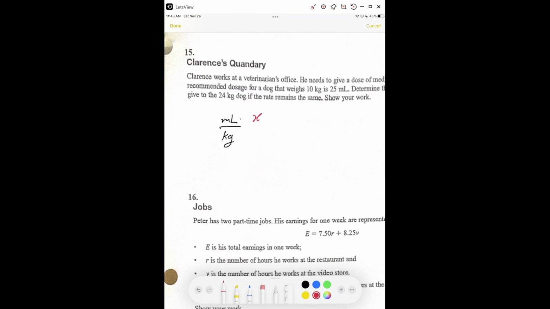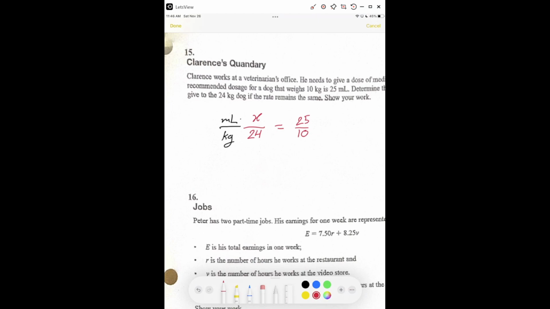We need the amount of chemical needed, but we know the weight of the dog is 24 kg. And we also know that the recommended dosage for a dog is 25 milliliters if it's 10 kg. Now we just have to find out what x is.